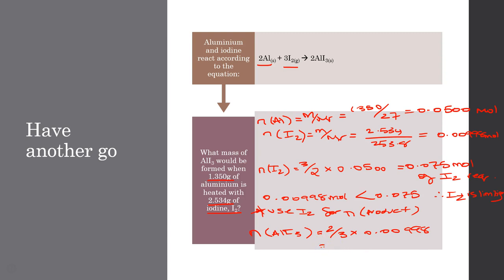So this will give me the number of mole of my aluminium iodide that is going to be produced, okay, which is going to be 2/3 of this, which is 0.00666 mole.